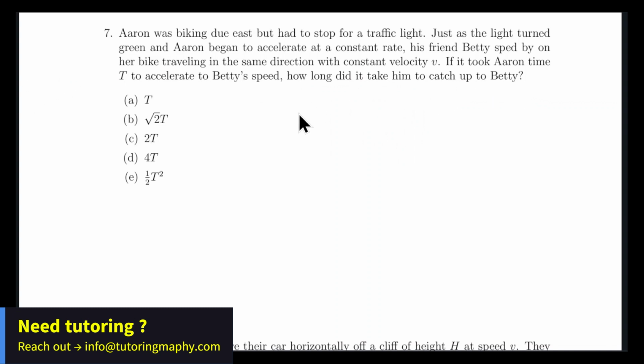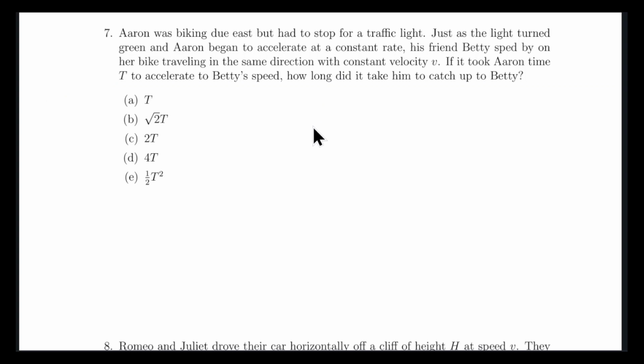Okay. Well, a couple of moving parts over here. So going in the east direction, and the acceleration is constant. So he's right now had to stop. So he starts from rest. I'm talking about Aaron. Acceleration is constant. Just as the light turned green, so right at this point, Betty passed her, right?